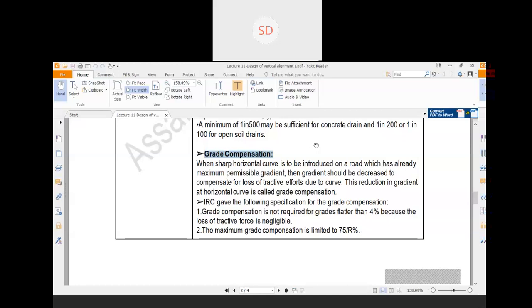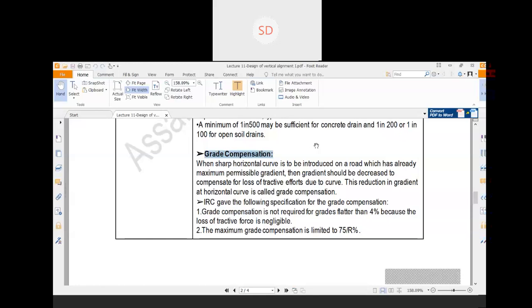So for this reason, whenever a steep horizontal curve is there, the gradient over there is slightly compensated to accommodate different types of vehicles. For example, in a horizontal curve where the maximum allowable gradient is provided, suppose a gradient of 1 in 16.5.